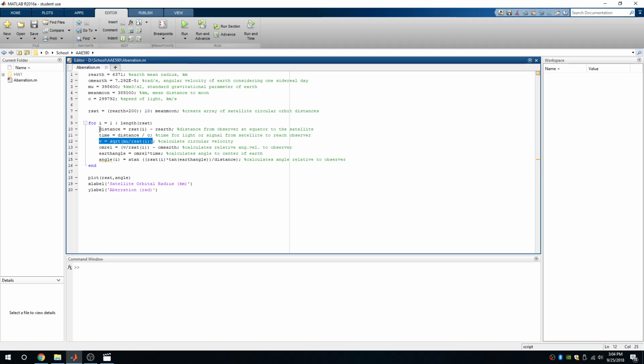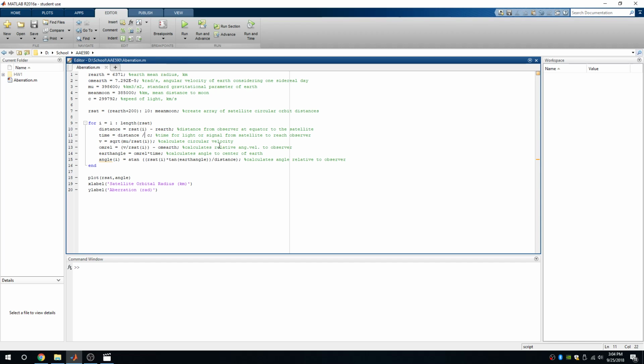I said that from the observer to the satellite, the distance is r_sat minus r_Earth, the radius from the center of the Earth to the observer. And I said that the time for the light to reach the observer is the distance that I just calculated divided by c.